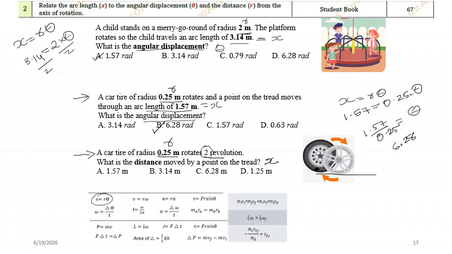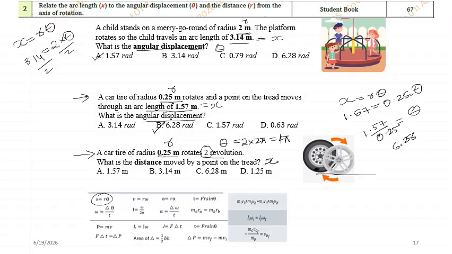We know that 1 revolution is 2 pi. So for 2 revolutions, theta will be 2 into 2 pi. How much will it be? It will be 4 pi. Why? In 1 revolution we know the object rotates through an angle of 2 pi, so 2 into 2 pi becomes 4 pi. So we have theta and r, then obviously it will be easy.